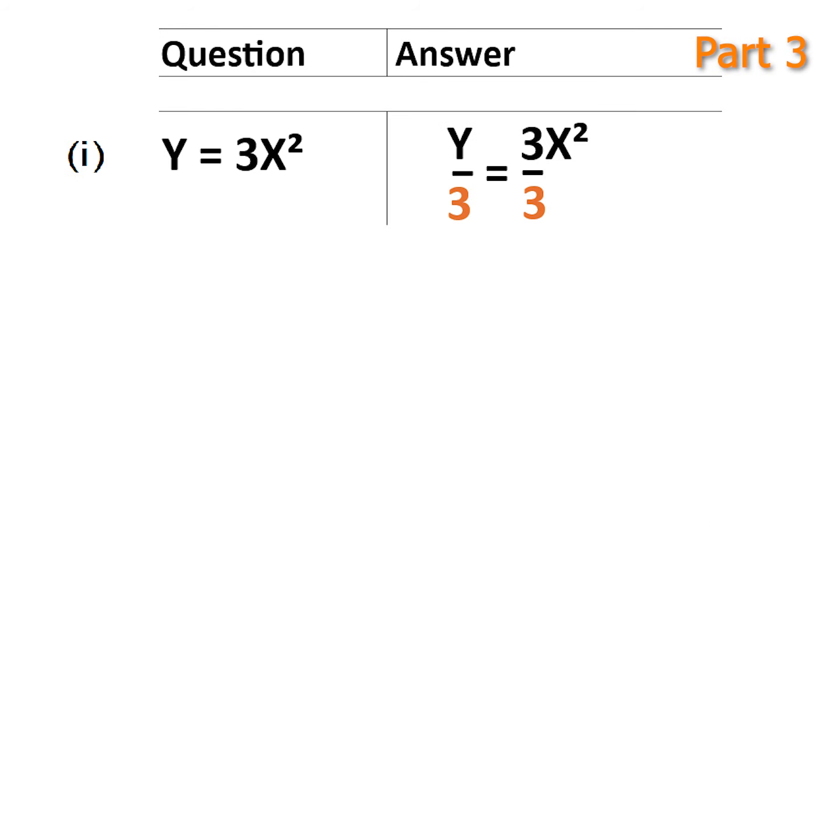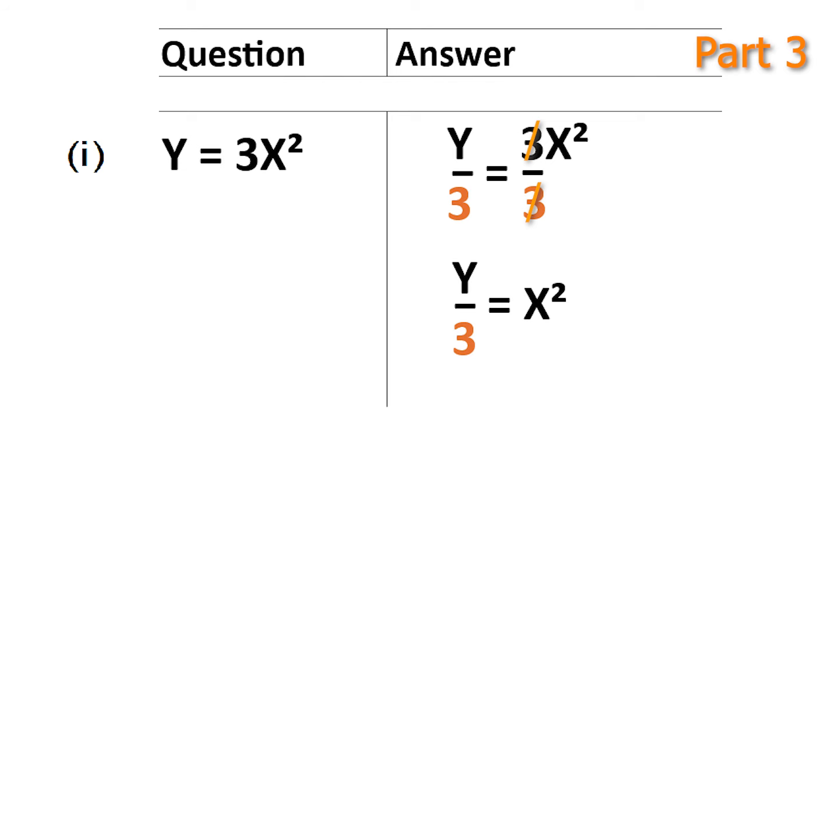In Part 3, Question 1, y equals x squared multiplied by 3. To leave x on its own on one side of the equation, we need to remove the 3 and the power 2, also known as exponent 2, from the side of x. We start by first removing the multiplier 3 using inverse BODMAS rules, leaving us with y divided by 3 equals x squared.